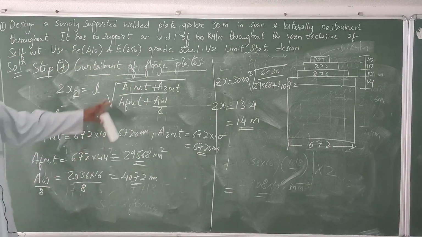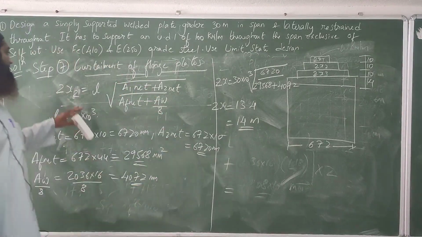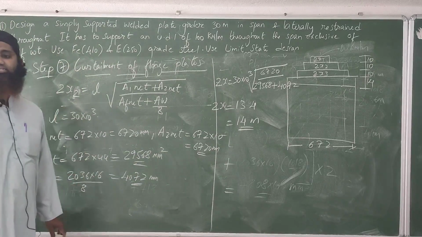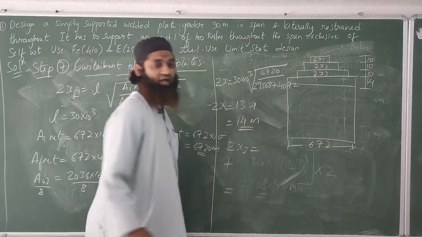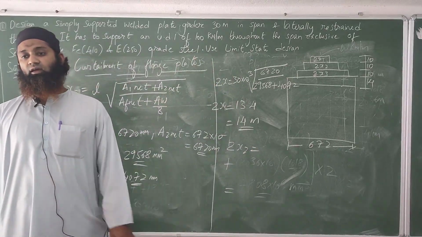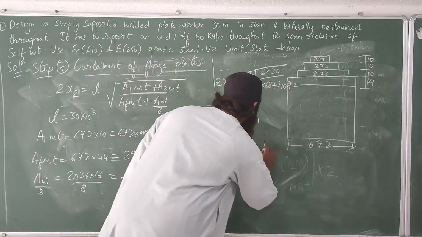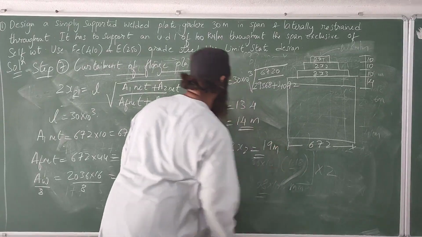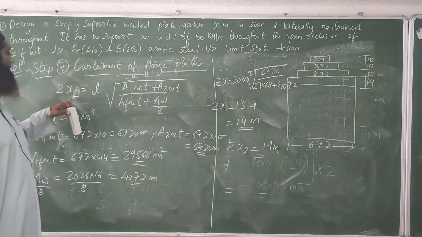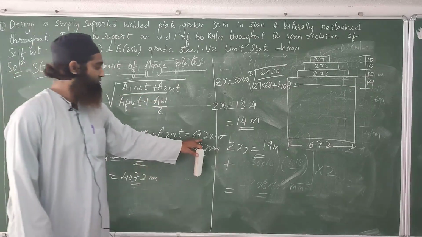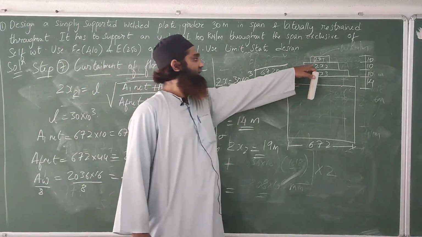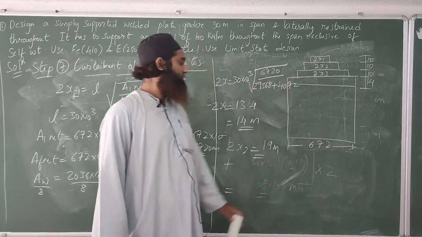Same way we'll substitute all these values, so we'll get the value of 2x2 also. 2x2 value after calculating is 19 meters. I got it as 19 meters. I've not done anything else here. I've just added A1 net plus A2 net, and A2 net is the size of that plate we had taken, that is 10 mm and 672 into 10 mm.